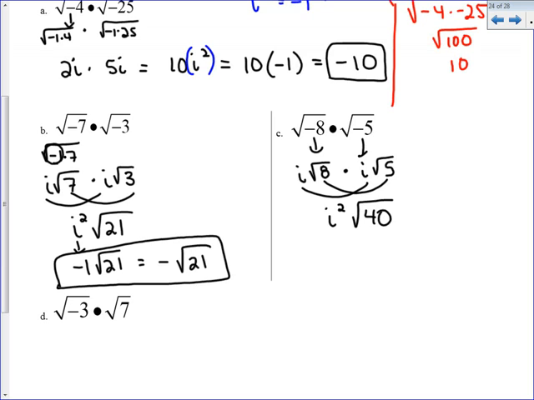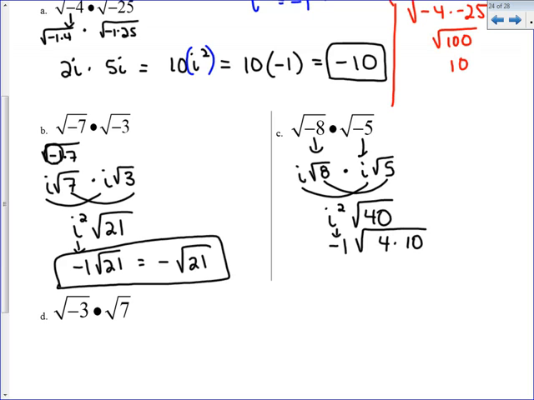Now we've got to clean that up. What do you want to do, Napoleon? Yeah, that 40 can be broken up this time. It's the square root of 4 times 10. How about the i squared? -1. So I have the square root of 4 times 10.